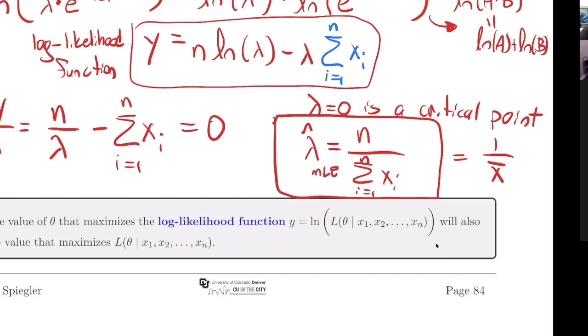And what we're finding out here is that this plug-in principle sort of almost works, that the best estimate for lambda would be 1 over the sample mean, as opposed to the population mean. So at least we're getting estimators here that make sense, which is good. It would be really bad to be getting estimates that don't make sense with the data that we have.